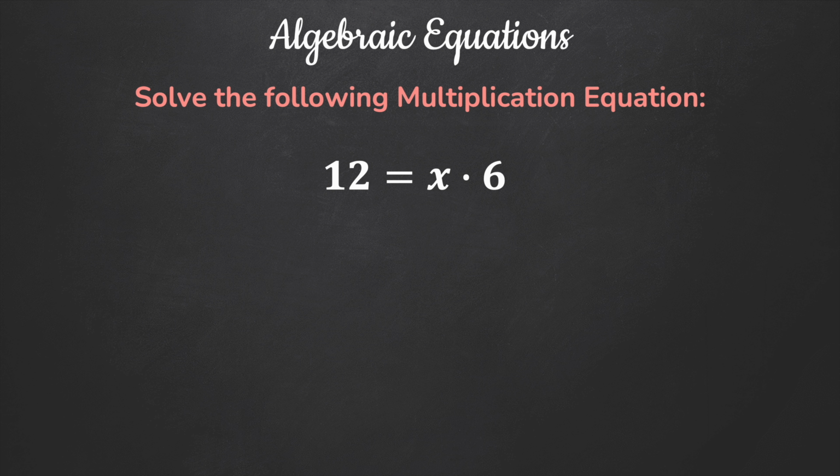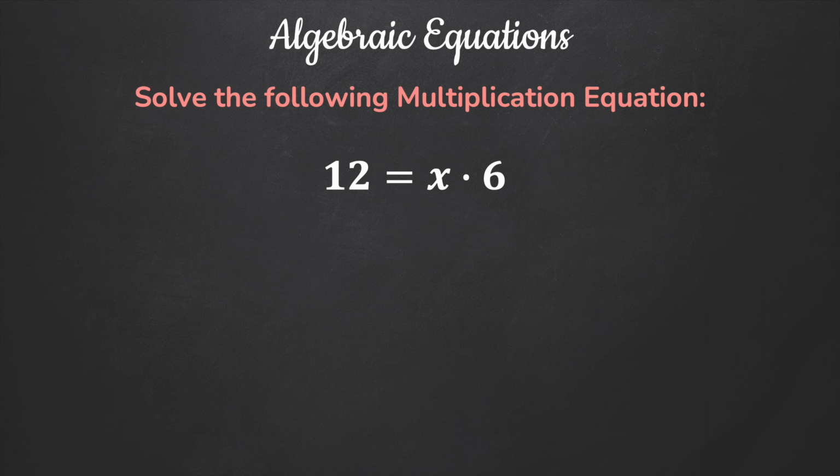Here we have 12 is equal to x times 6. And even though x is now on the right side, our goal is still the same, which is to get x by itself so we could figure out what number we could substitute x with to make this equation true.